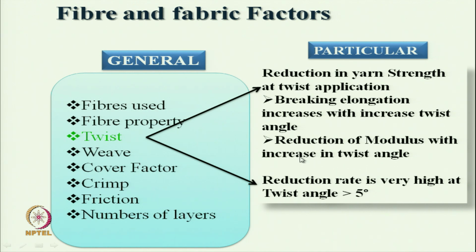So, you must keep the twist at the lowest level, and if possible we can also use zero twisted filament. The reduction in modulus is very high at twist angle more than 5 degrees. So, twist angle should always be at a very low level, less than 5 degrees is recommended.